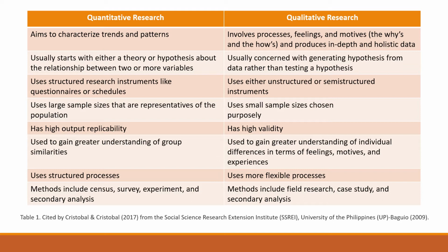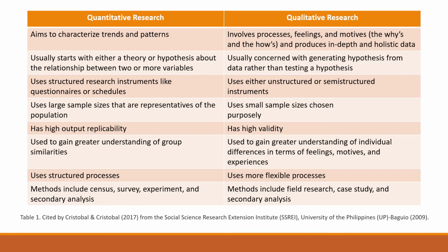As seen on the table, quantitative research aims to characterize trends and patterns. It usually starts with either a theory or hypothesis about the relationship between two or more variables. It uses structured research instruments like questionnaires or schedules.